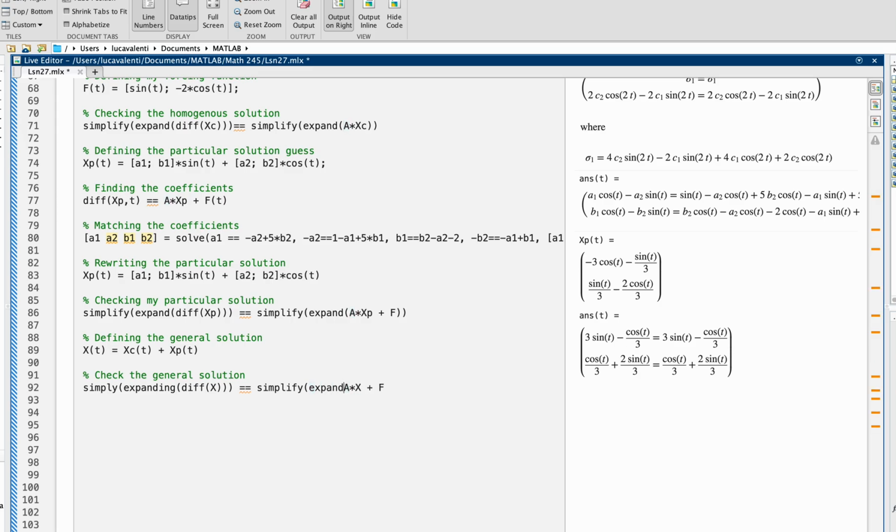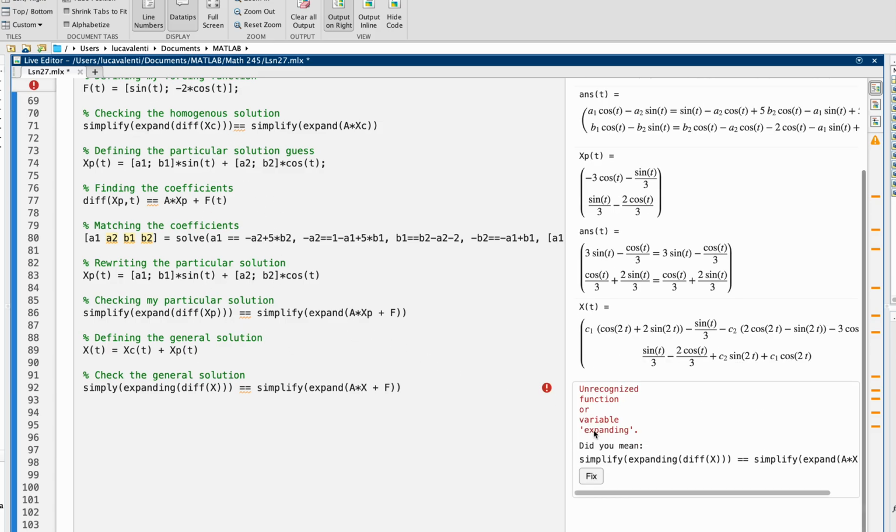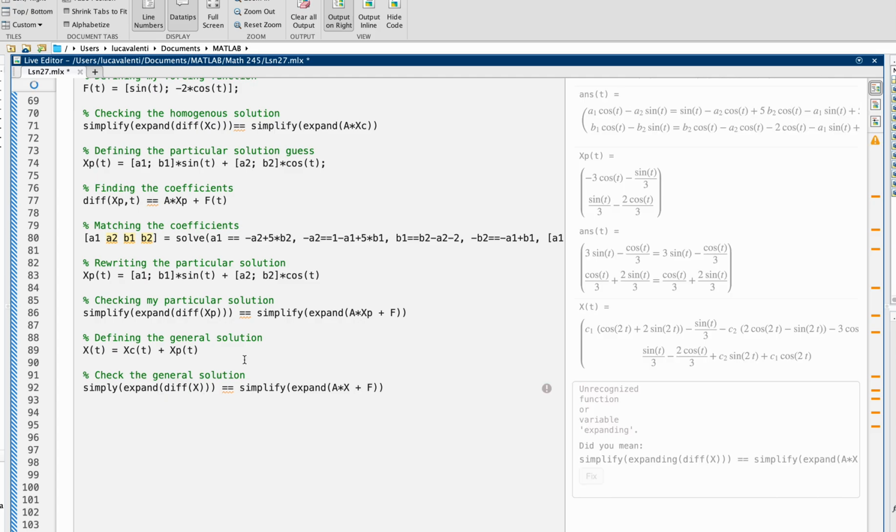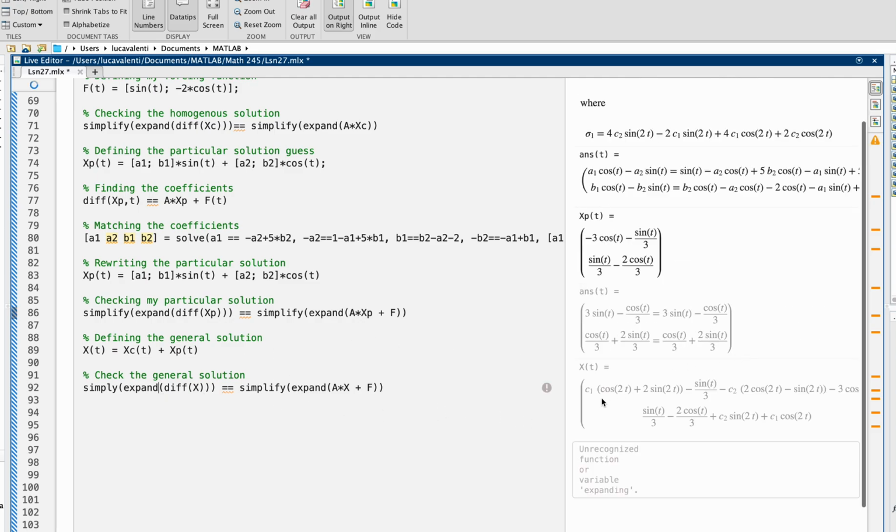Expand right here. So we press Control Enter once again. It's not the most efficient way because it reruns the whole program. And now I wrote simplify and I wanted to do expand. So I'll fix that. This is our general solution.